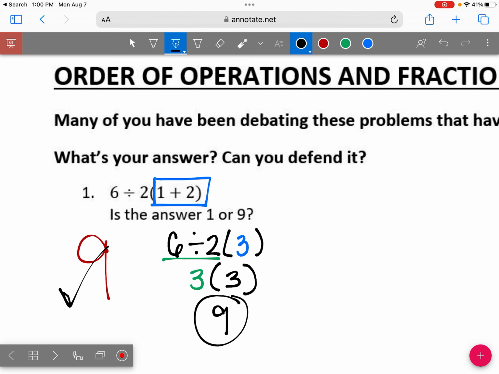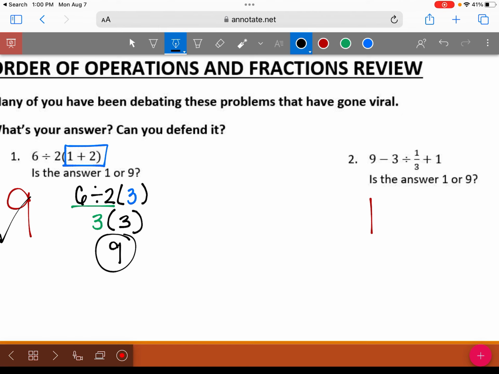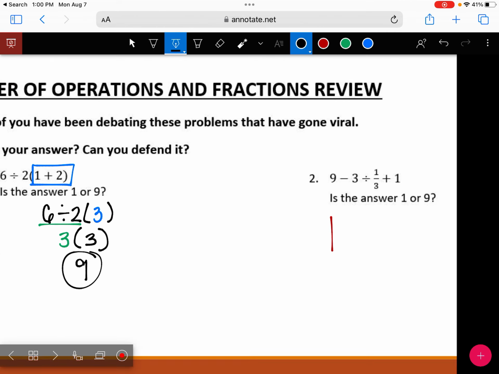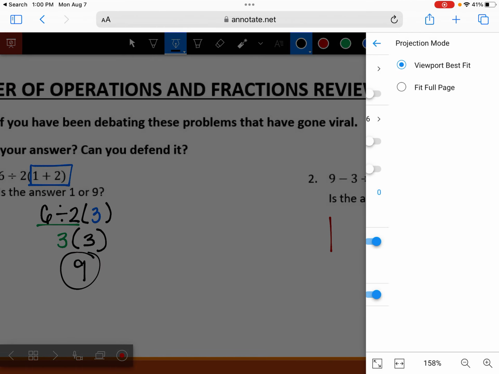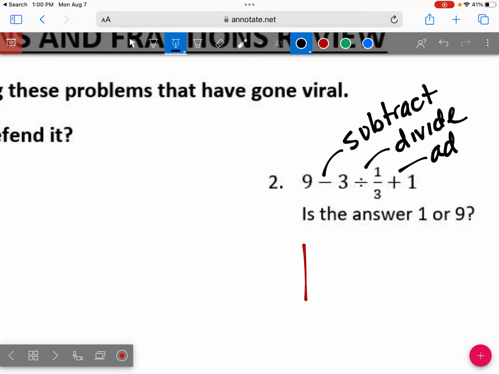For number 2, so this question here matches this question. For number 2, we have 3 operations. We have subtract, divide, and add.